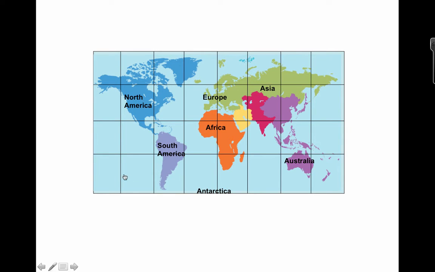Remember that these three are blank right here, then South America would fit in these two, a little bit in this one, and a little bit of Central America and Mexico would fit in there, etc. So do a good job drawing this and labeling the continents for me. Please pause the video so you can get this done. The idea is to get a sketch as close as possible to this on your own paper.